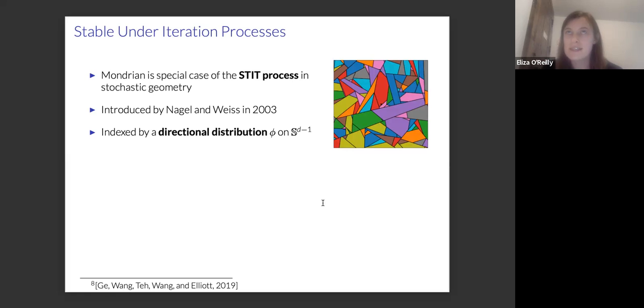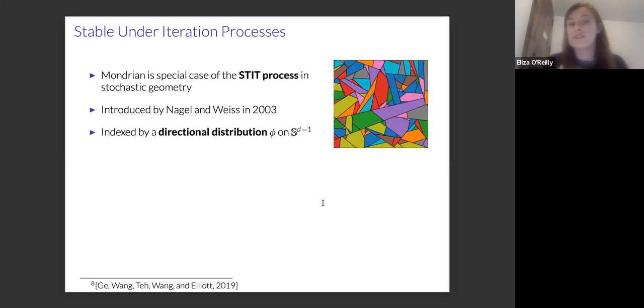The difference is the parameter of the exponential clock depends on the directional distribution, and when you make a split, you choose a direction from this directional distribution weighted by the widths of the cell in each direction. But then once you have a direction, you cut uniformly along the width of the cell in that direction, just as in the Mondrian process.